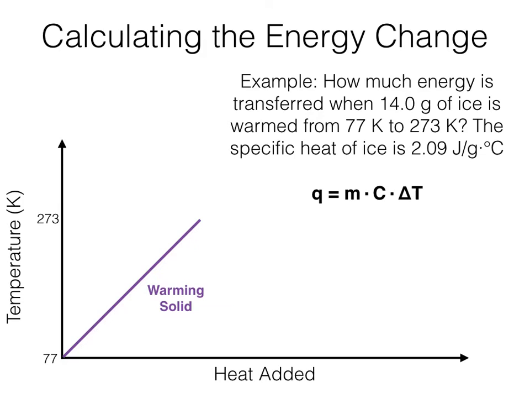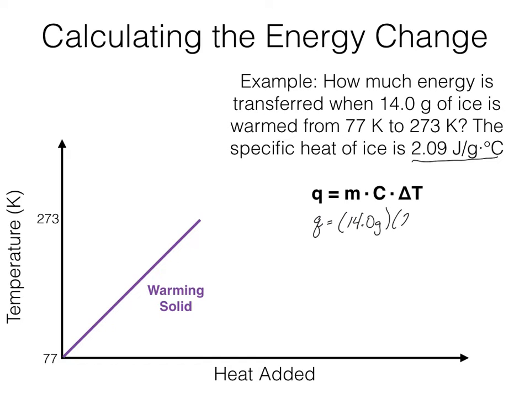But, okay, so let's do an example. So how much energy is transferred when 14 grams of ice is warmed from 77 Kelvin to 273 Kelvin? And it gives me the specific heat of ice is 2.09 joules per gram degree Celsius. So we're looking for Q. My mass is 14.0 grams.